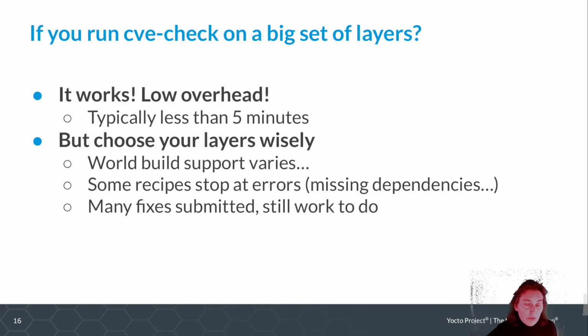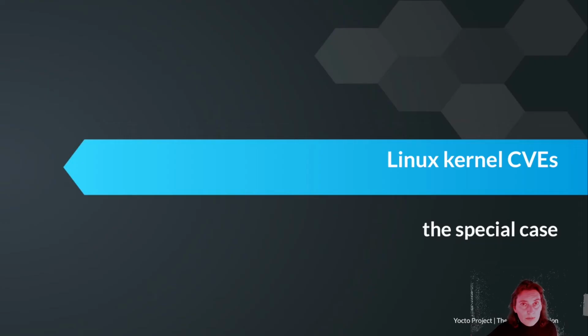Some recipes from different layers exit on error because there are missing dependencies or other issues. We have fixed quite many issues like that, but there are still some pending. If your layer passes the world build, then there is no issue. If it doesn't, there is some work to be able to run CVE-check in this case.